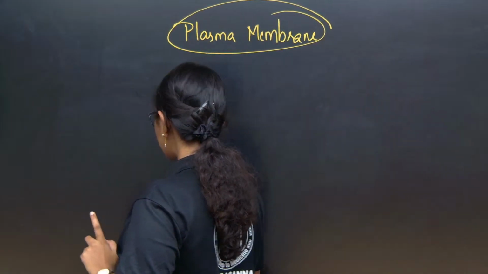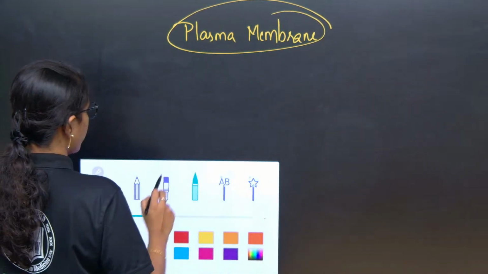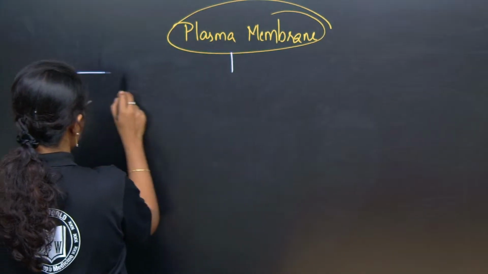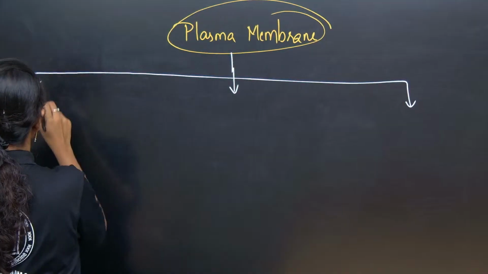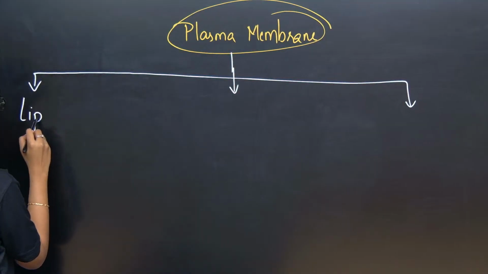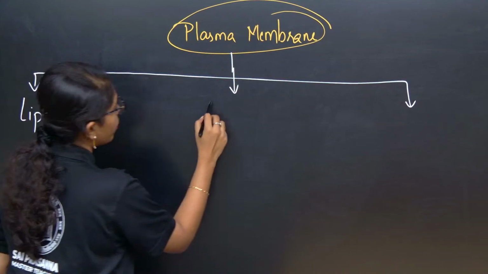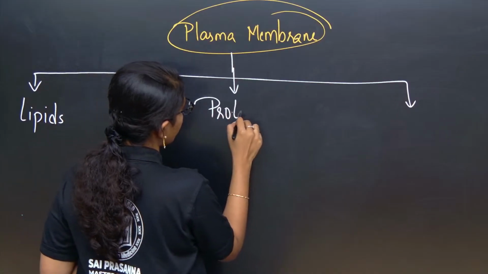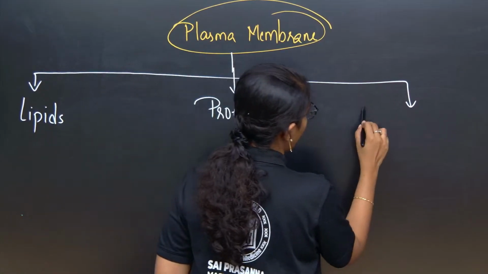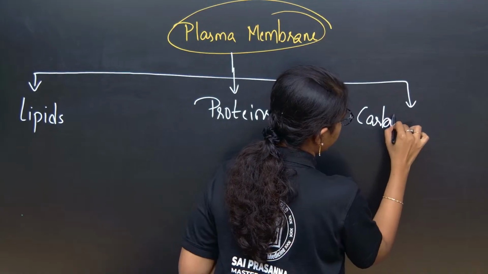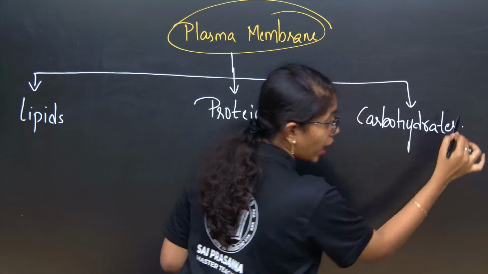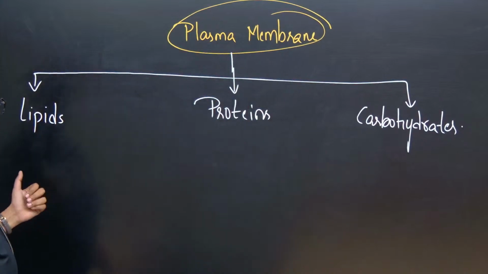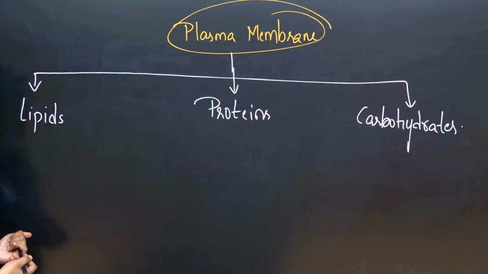Here you see the plasma membrane, it has three components inside it. What are they? Lipids, proteins and carbohydrates. What type of lipids is it composed of?